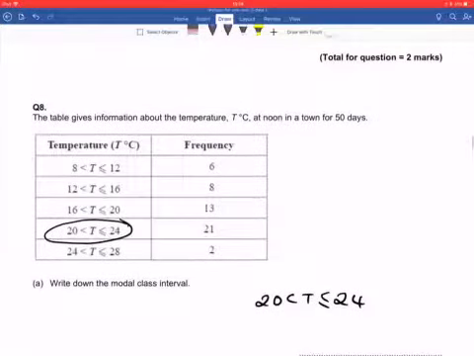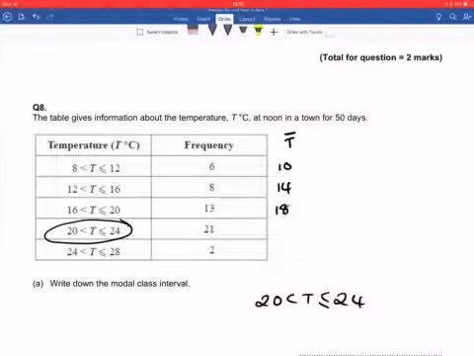So you have to find the midpoint. So I'm going to say the midpoint of t. So that is 10, that is 14, that is 18, that is 22, and that is 26. And then I do the frequency times the midpoint of t. So 6 tens are 60. 8 14s are 112, I think.